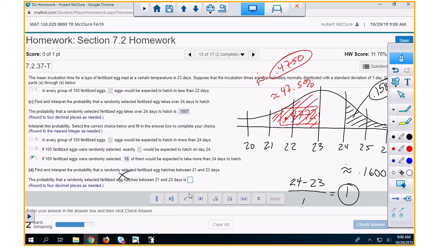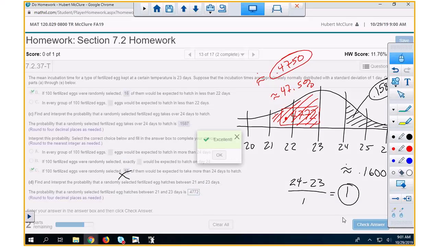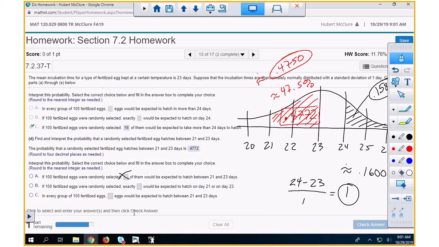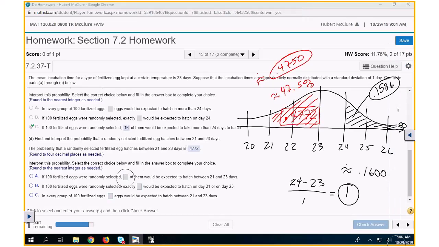So 0.4772. You click up. 0.4772. And it's going to ask you, it ain't going to ask you, yeah, it is. So y'all read it. I'm tired of reading it. Which one is it? I'm still trying to get the board to work.